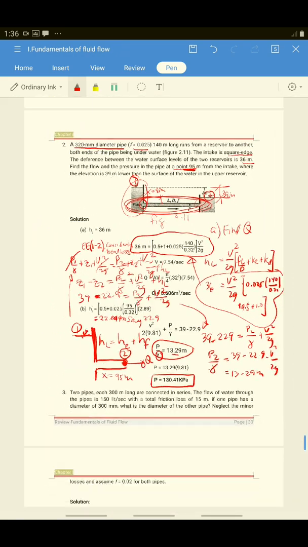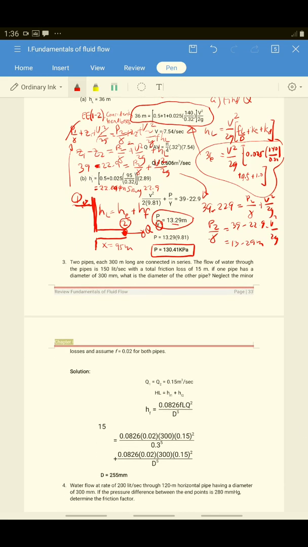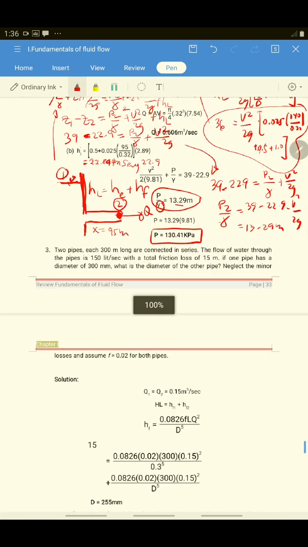Okay? So here for number 3, two pipes, each 300 meters long, are connected in series. The flow of water through the pipes is 100 liters per second with a total friction loss of 15 meters. If one pipe has a diameter of 300 mm, what is the diameter of the other pipe?